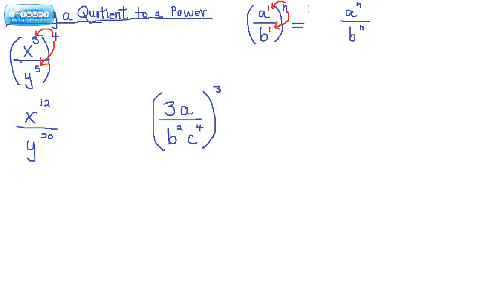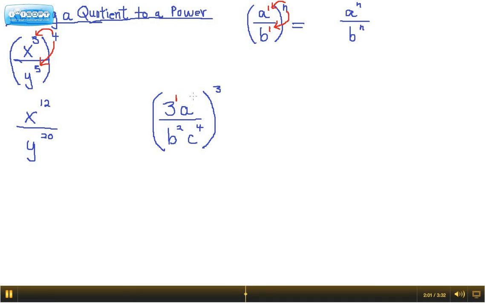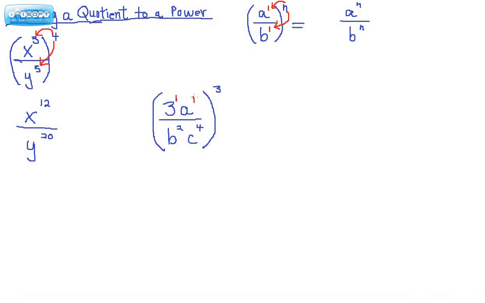Well, remember that each one of our inside exponents, our 3 has an understood 1, so does our a, and so does any other thing that doesn't have an exponent. There's an understood 1. We want to multiply each inside exponent by this exponent outside.